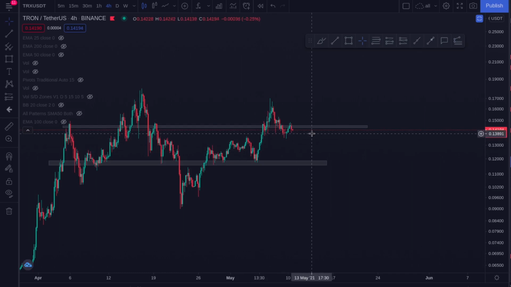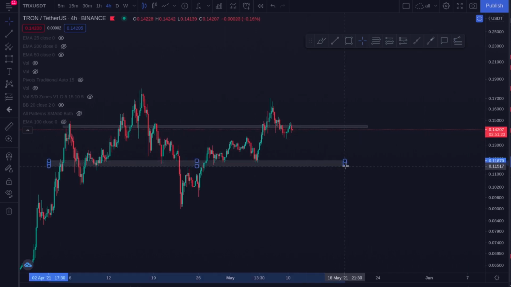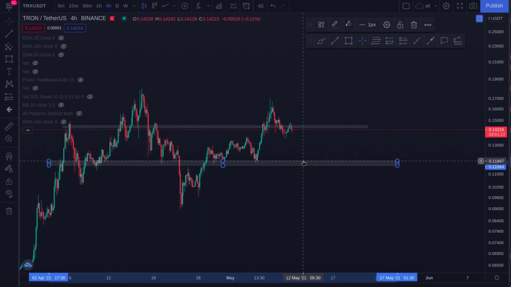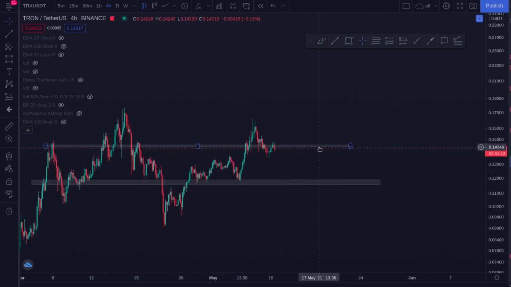But we can still bounce, like we had some wicks and we bounced up. If there is some major correction, most probably we'll fall to these zones. I'm expecting to buy over here most probably, and once we break this, a retest of here would be a buy zone as well.